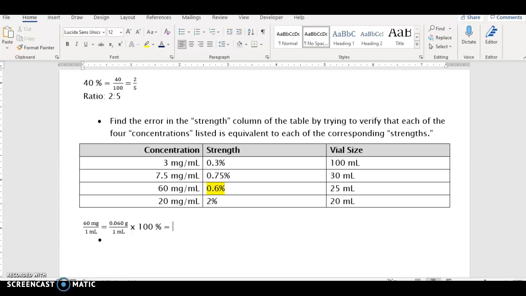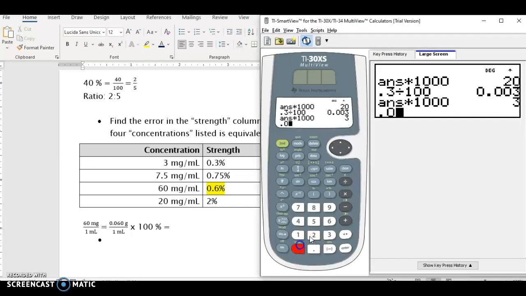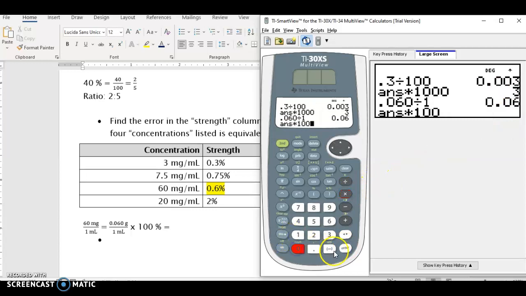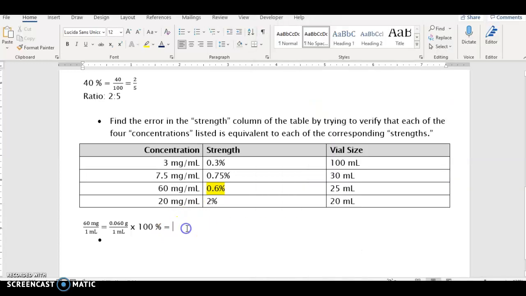So 0.060 divided by 1 has no effect, and then we multiply it by 100 to convert it into a percentage. We get 6%. So the actual strength of the solution, where there's 60 milligrams of the solute in 1 milliliter of solution, is actually 6%, not 0.6%. So we verified that the strength that is an error is this one here.